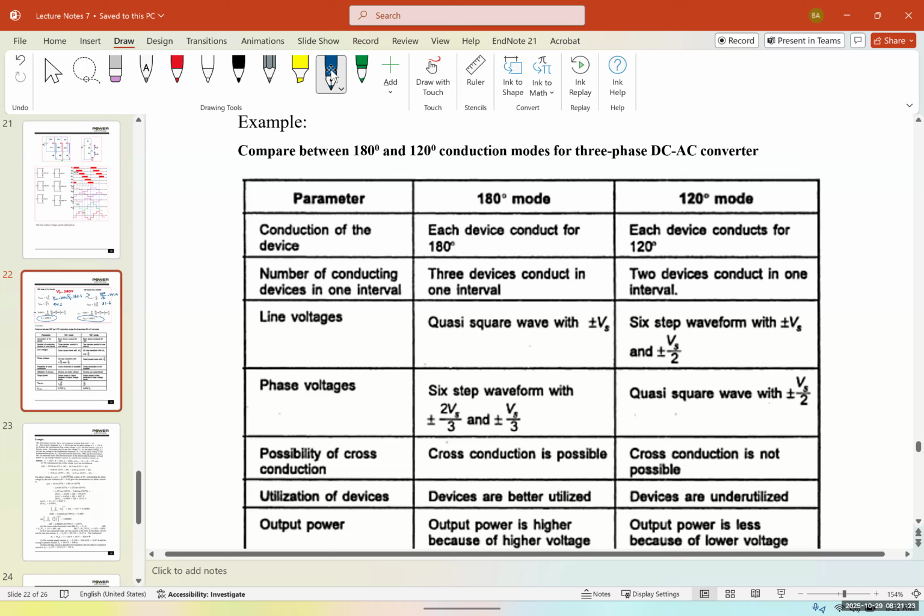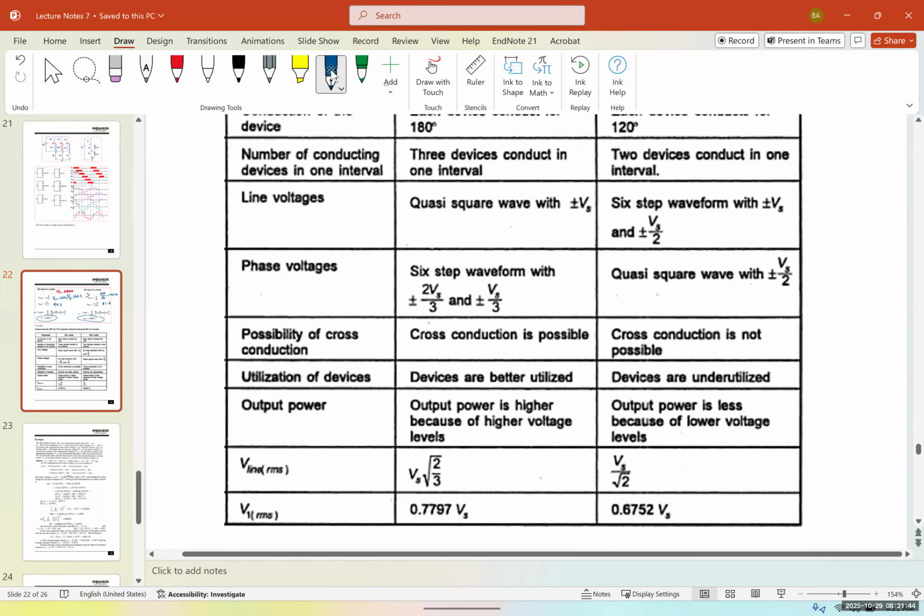The line voltage is a quasi-square wave with plus and negative Vs. For the 120 mode, we have a 6-step waveform with plus Vs, negative Vs, and plus and negative Vs over 2. For the phase voltage, for 180 degree, we have a 6-step waveform.